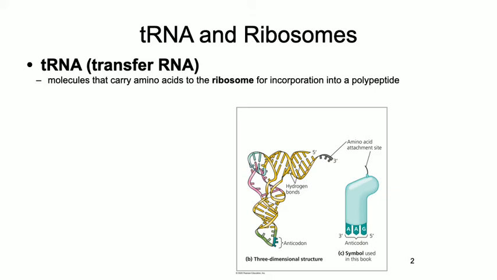So the overall structure of all tRNAs is the same. However, there is variance in the 3 nucleotide section at the bottom. And depending on what the 3 nucleotide section at the bottom is, the amino acid attachment site will be slightly different. Okay, now that is the structure of tRNA.